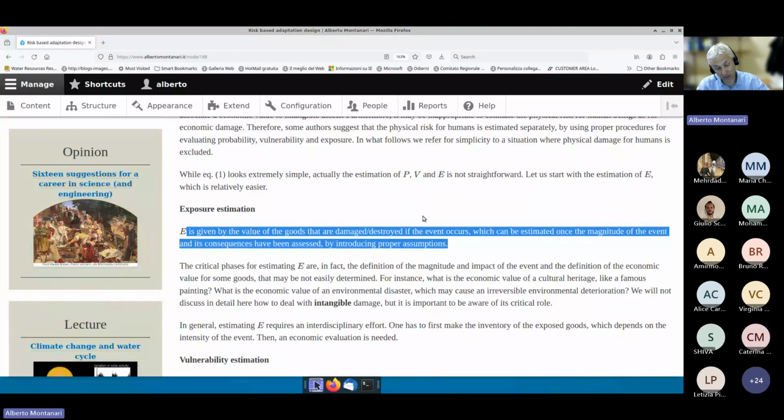Of course, the risk depends on the intensity of the event, and what is then the intensity I should refer to? We have legislation that is in a way helping us, because for the design of some infrastructures, and therefore for the design of some adaptation options, we have the legislation telling us what is the magnitude we should refer to. And we will see how this is suggested.